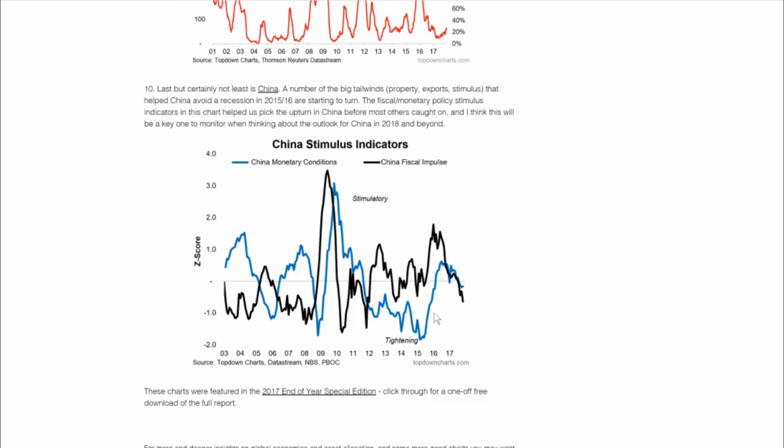And obviously the authorities were not asleep at the wheel, and they noticed that, and implemented a coordinated and very forceful fiscal and monetary stimulus program. As those turned up, that gave me the confidence to say that that was the low point, and certainly it was. This chart worked very well in picking the upturn in China.